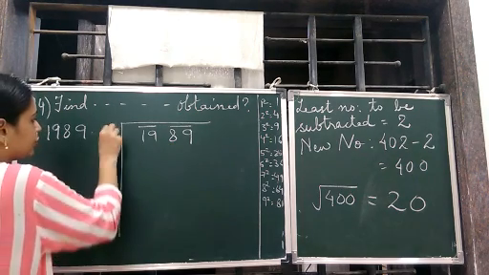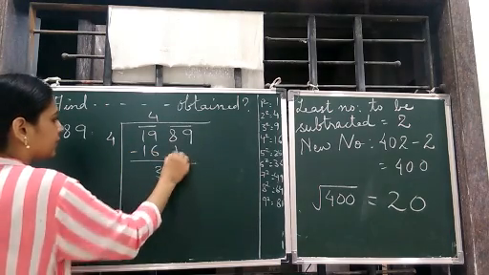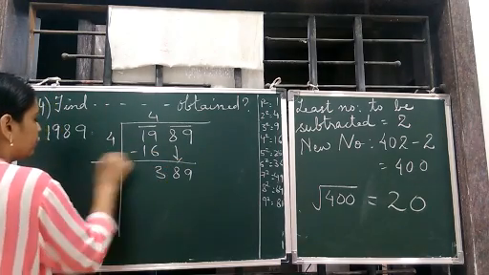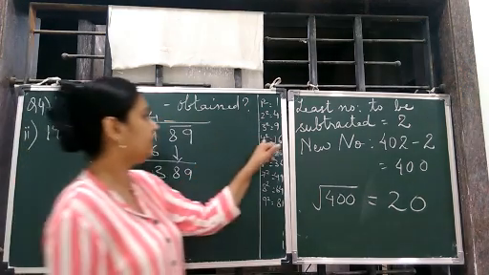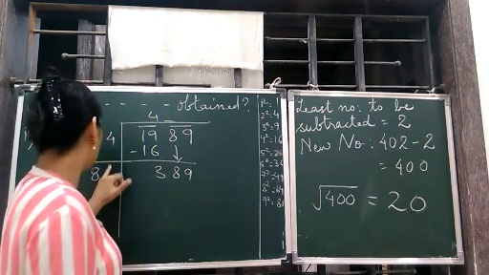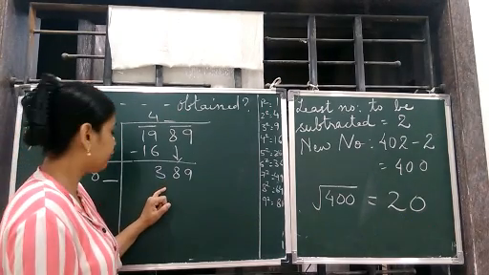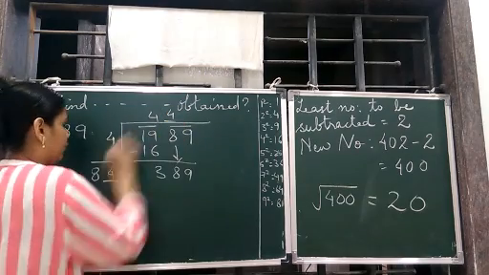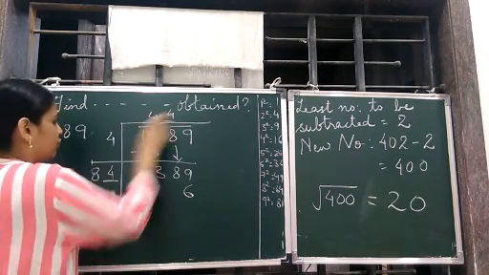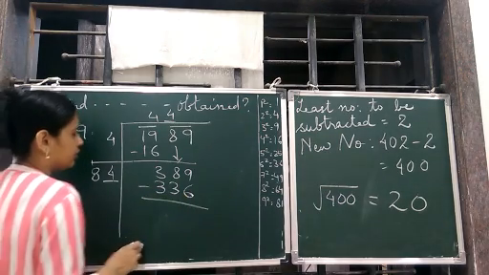So we know 4 4s are 16. 3 remains, 89 comes down. 4 का double is 8. Now we know that it will go by 3. So 3 3s are 9, 24. थोड़ा ज़्यादा difference है, so we check by 4 also. 4 4s are 16. 4 8s are 32, 33. Distance is less.